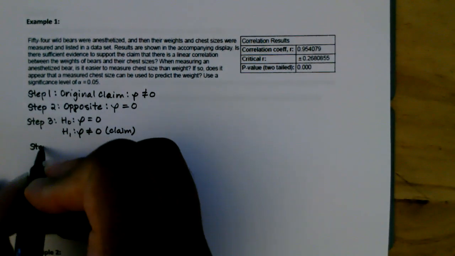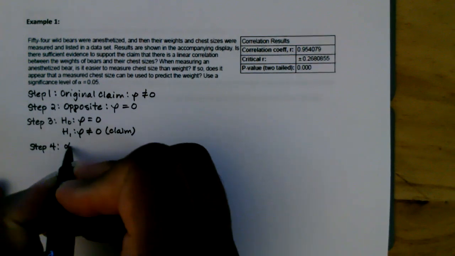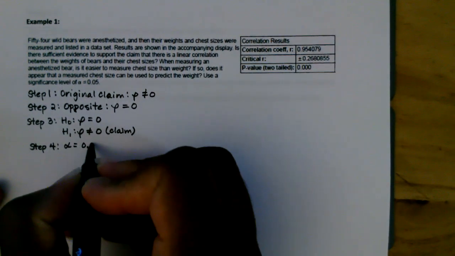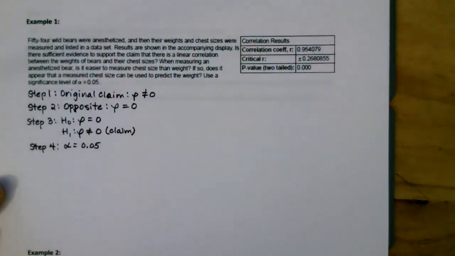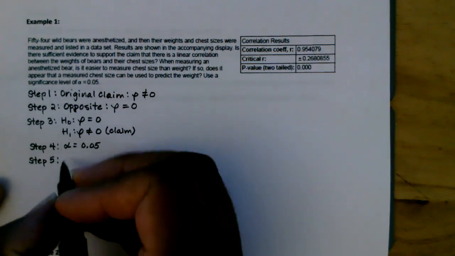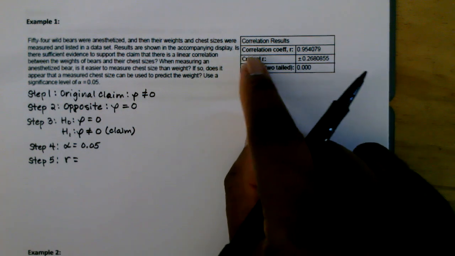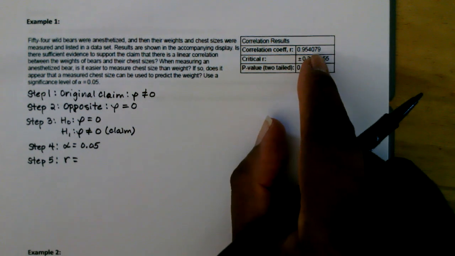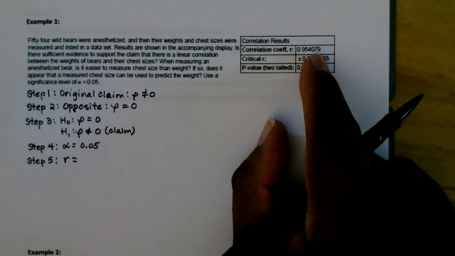And then step number 4 is your level of significance. You're told to use a 0.05 level of significance that's given to you in the problem. Step number 5 is our test statistic, which is, of course, R. So pretty much we can identify R, which is your correlation coefficient R. That's this value, 0.95409.